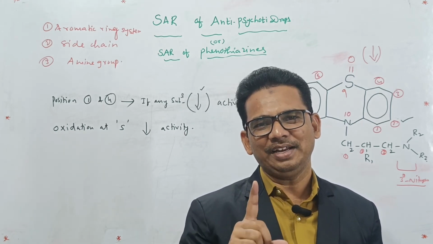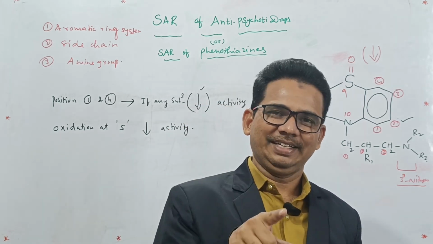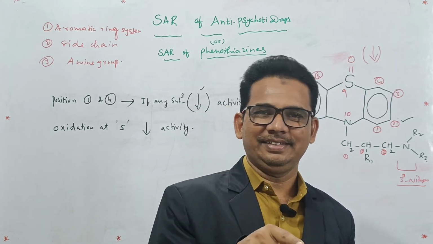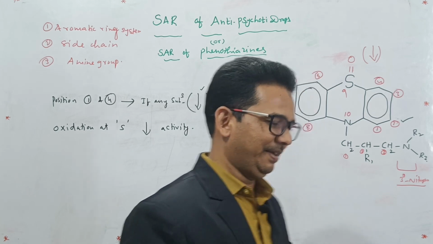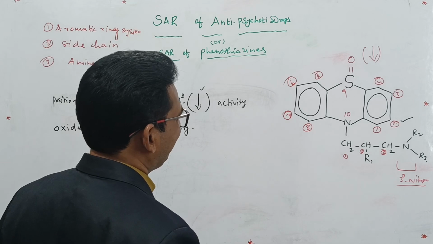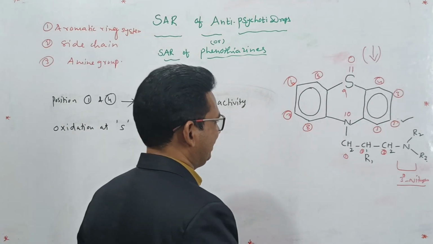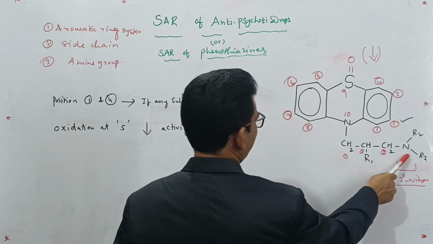But in case of antipsychotics, remember, 90% you are correct. In other classes of drugs, when they are in the form of primary, more active. But in this case, the tertiary will be more active. This will be discussed later.